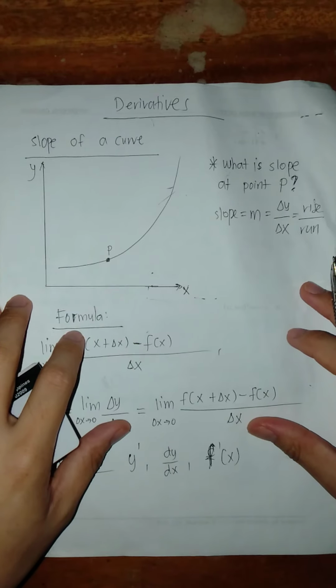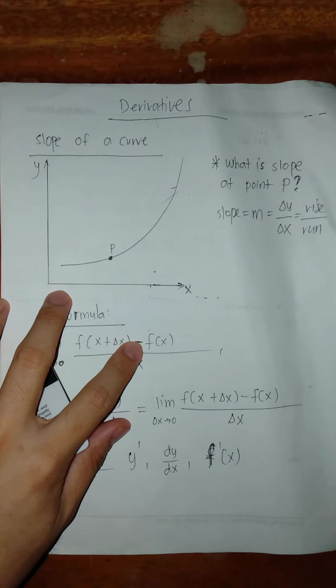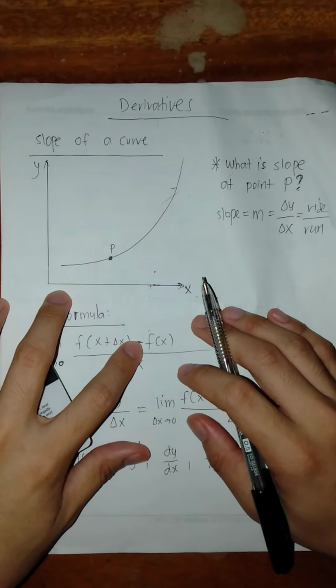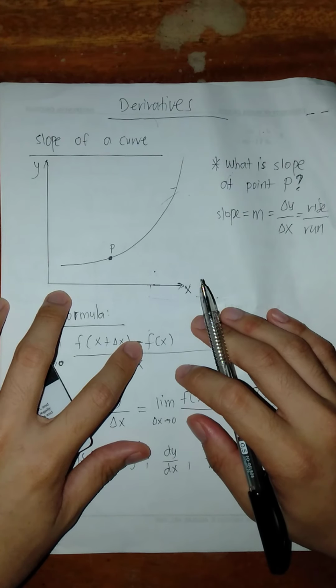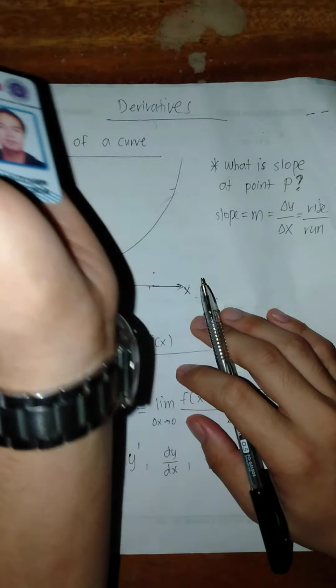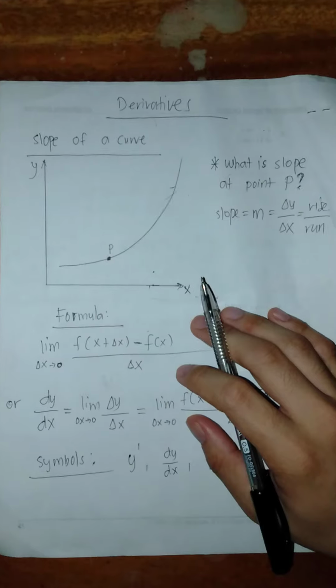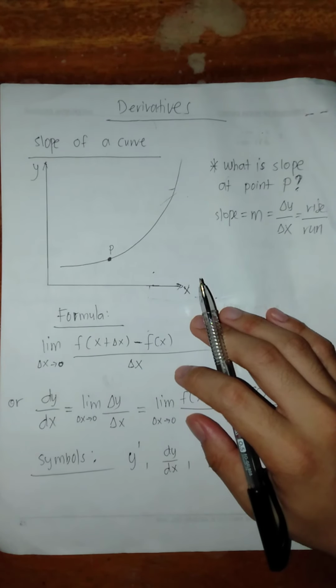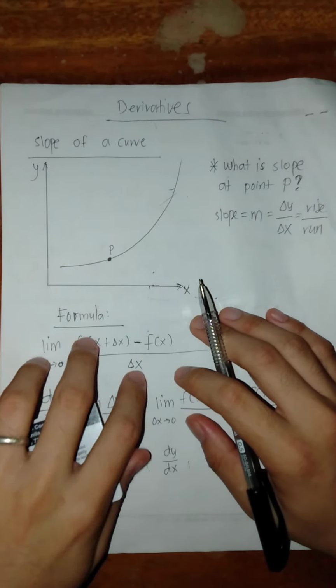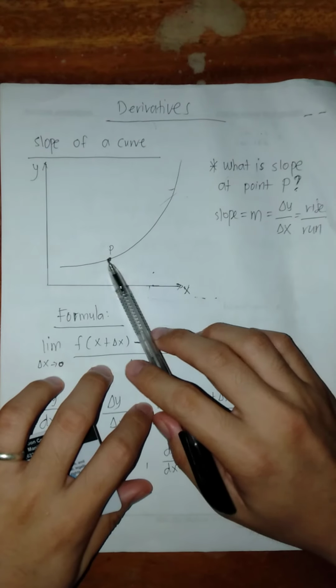So, you can only get the slope easily if it is a straight line, right? It's either inclined to the right or to the left. The problem is, how can you get the slope of a curve?